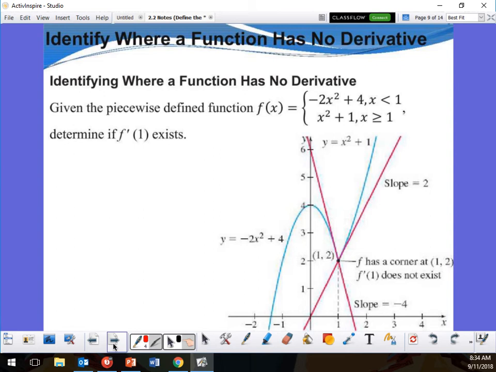If you notice, let me trace it in blue again. I'm tracing it here, and right here it has a corner. It is a pointy point. The left-hand side of this has a slope of -1. The right-hand side of this has a slope of +2.